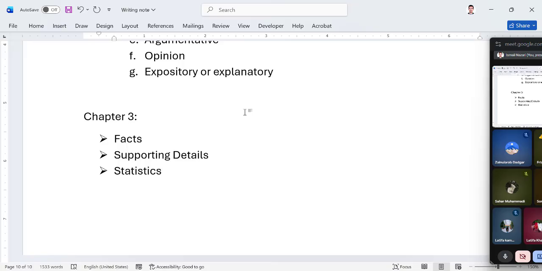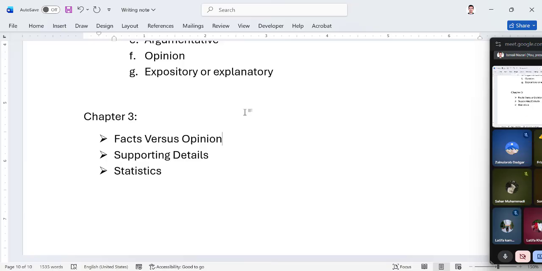What are statistics? And beside them, we have facts versus opinion. It means the difference between a fact and an opinion. And beside that, it talks about citation, a very brief introduction to what is citation, in-text citation, and work citation.